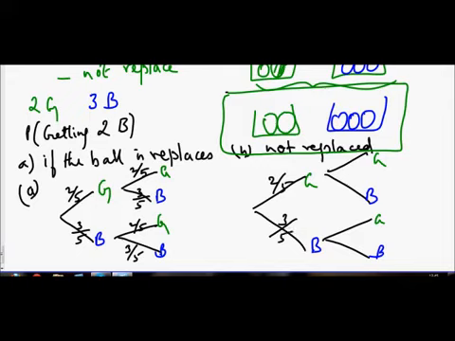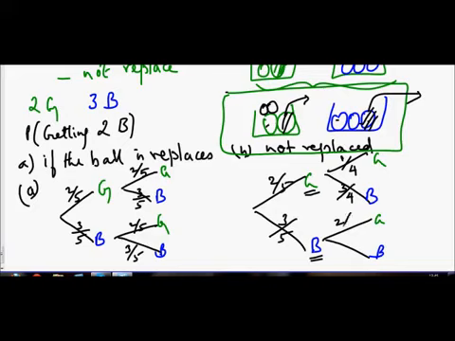For the second draw, when you are not replacing, in this case you have taken the green ball out, which means you have reduced the number of green balls in the box. So you have only one green ball and only 4 total balls: 1, 2, 3, 4 balls. And you have 3 blue balls out of 4 total balls. And when your first draw gave a blue ball, then this blue ball would have come out, but you have 2 green balls here.